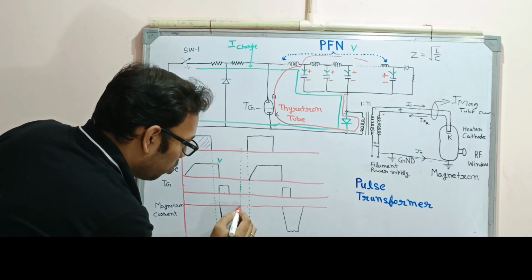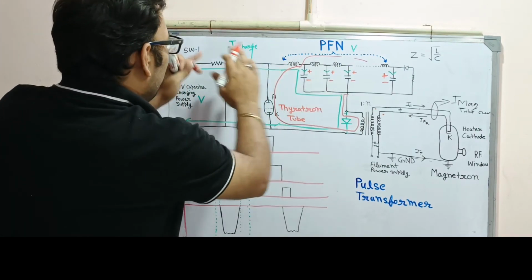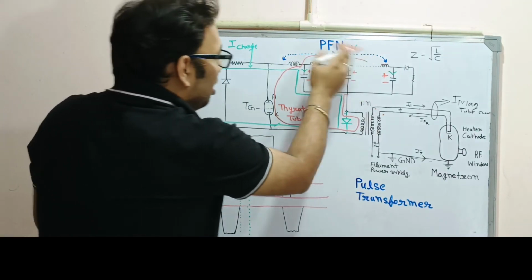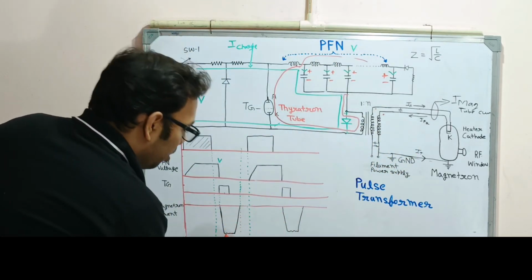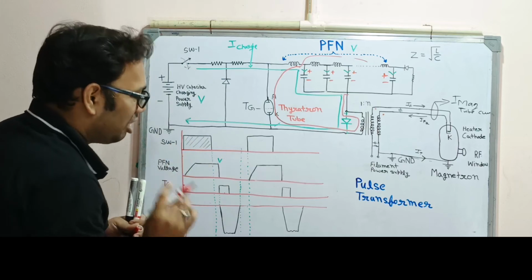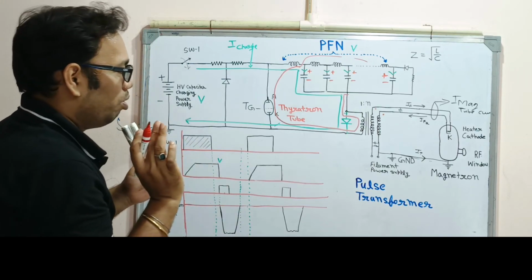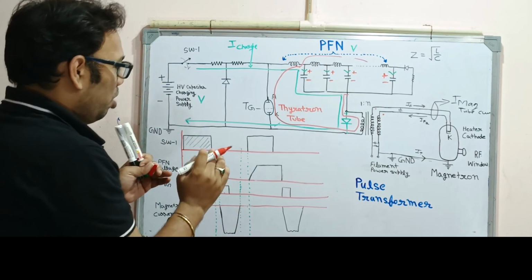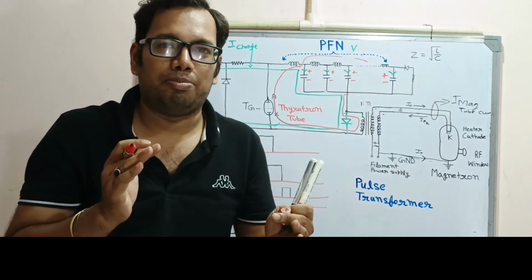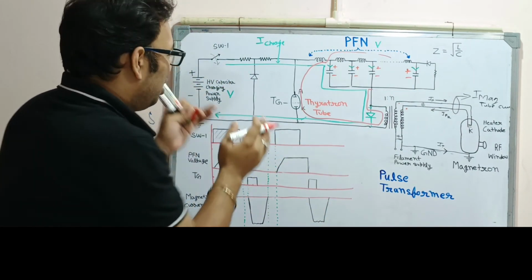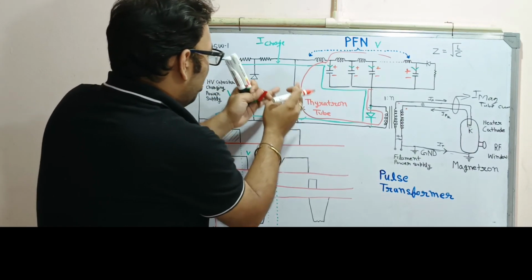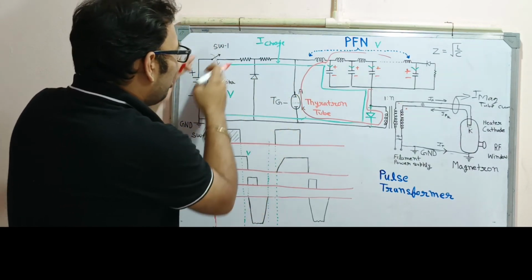Now it is going to turn off, because this source is fully discharged and the voltage becomes zero. Then we have to wait for some time, because it should not happen that the thyratron is still in on condition and this is turned on again.